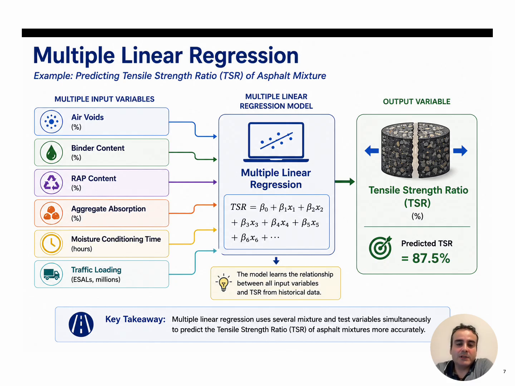In this example, tensile strength ratio is predicted using air void content, binder content, aggregate absorption, moisture conditioning time, traffic loading, and so on and so forth. So the model combines these variables using regression coefficients to estimate the output. This is more realistic for pavement engineering because performance is rarely controlled by only one factor.